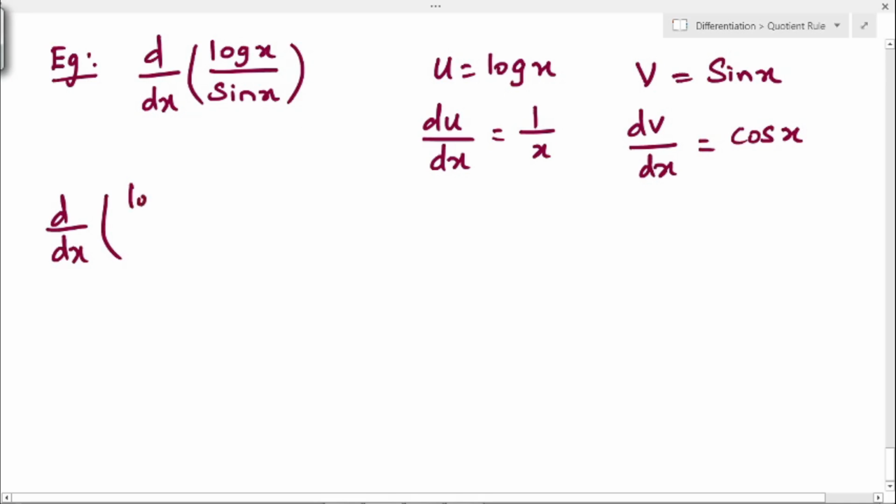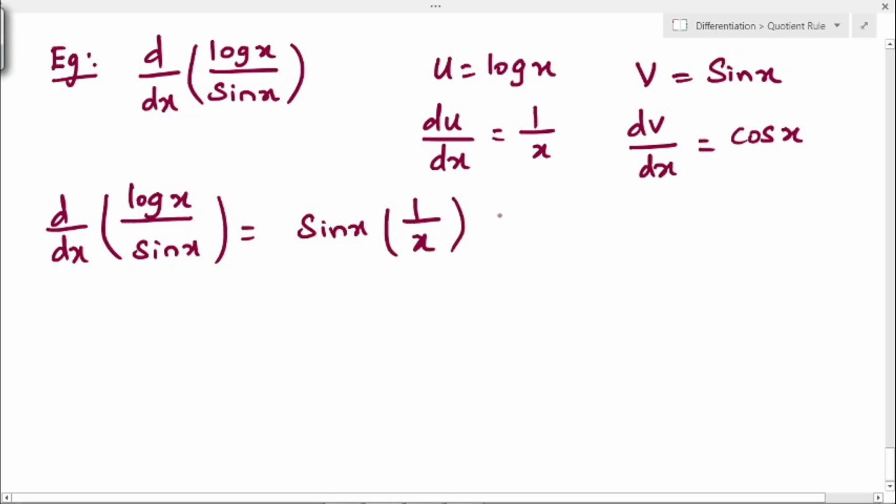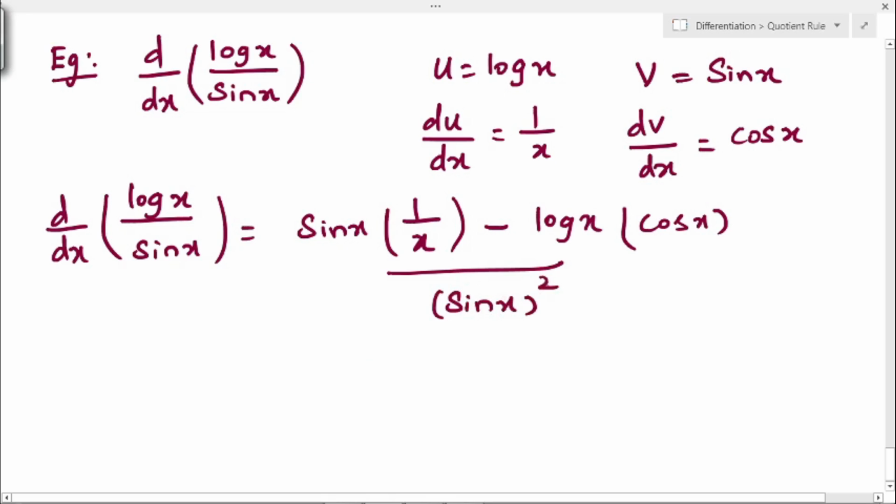So d by dx of log x divided by sin x, the formula is v into du by dx. So what is v? sin x into du by dx is 1 by x, minus u, which is log x, into dv by dx is cos x, divided by v². v² is nothing but (sin x) the whole square.